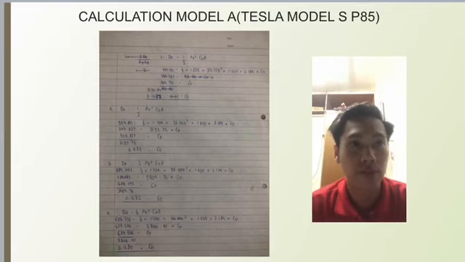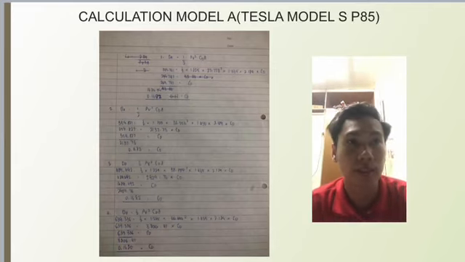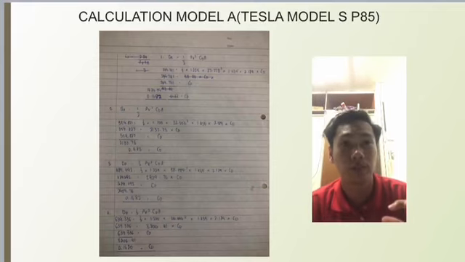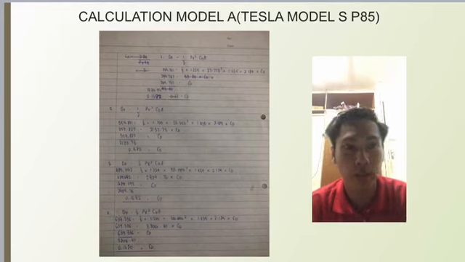My first drag coefficient is 0.1682. Now for 2 to 5, the formula steps are the same but with different aerodynamic drag and velocity.